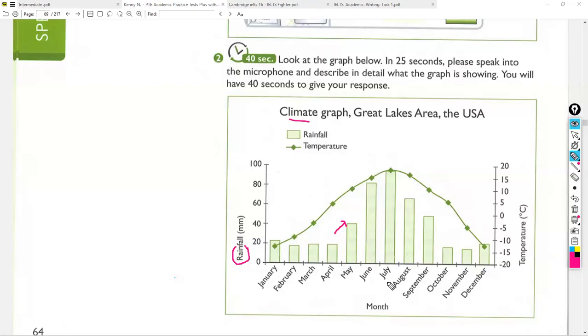And in October, November, and December, the end of the year, the raining goes down, and the temperature is like minus 15, minus 10 approximately.